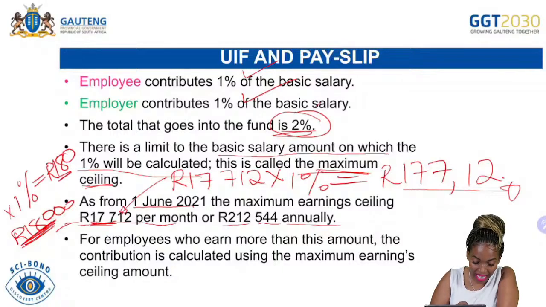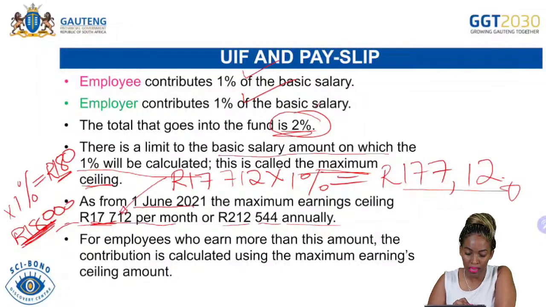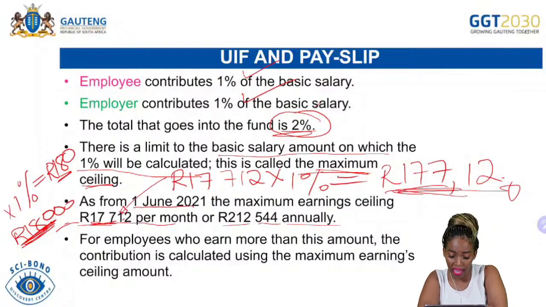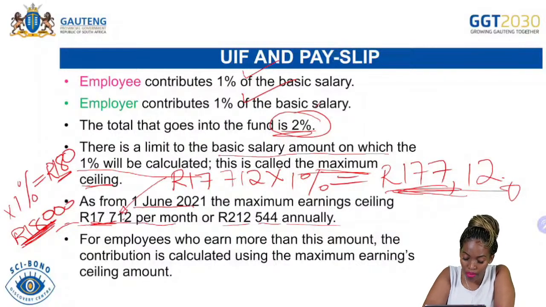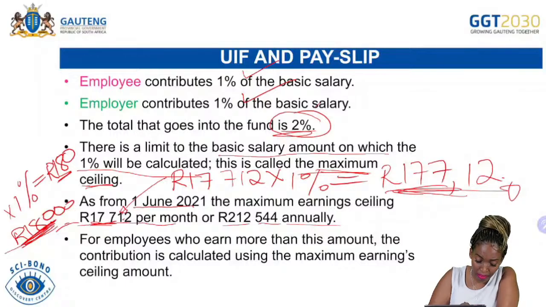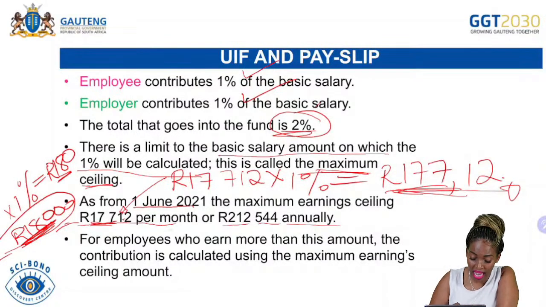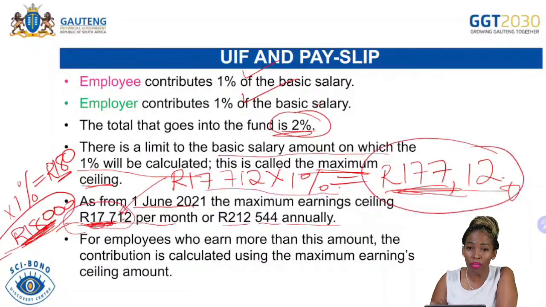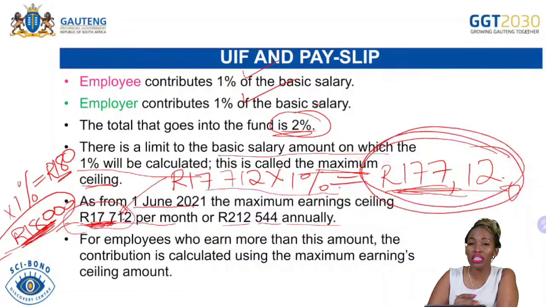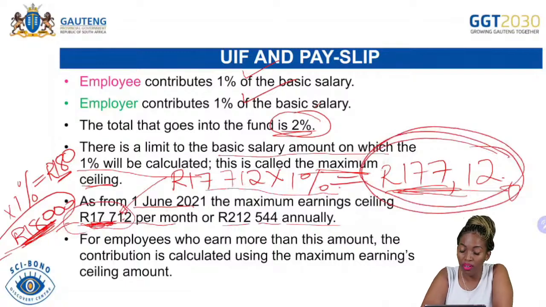But this 180 is above the maximum ceiling, so it will be calculated on the amount that is exactly at the level. For employees who earn more than this amount, the contribution is calculated using the maximum earnings amount. That is exactly what I did, because this employee was earning more than the allocated amount. So we use the maximum ceiling amount to calculate the UIF, and this is the one that will be deducted. Even for the employer's contribution, the employer will also contribute the same amount of 177 rand and 12 cents.